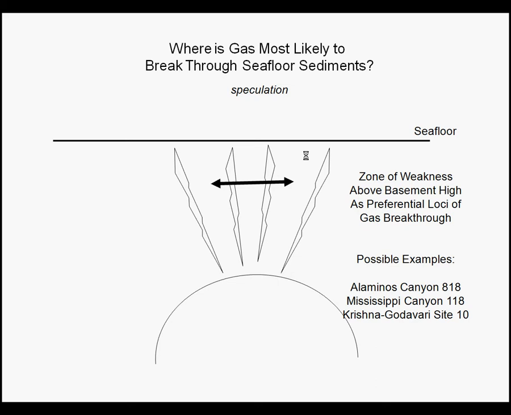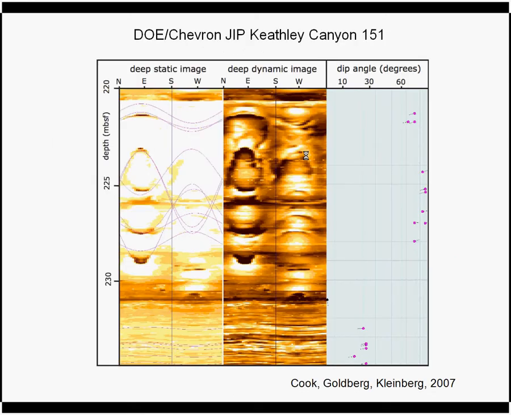In this zone of weakness, gas will find easy paths up through the gas hydrate stability zone to the seafloor, and these paths will be steeply dipping. There are other examples of this sort of topography, subsea floor topography, notably Alaminos Canyon 818 and Mississippi Canyon 118, which are also well-known gas hydrate sites in the Gulf of Mexico.